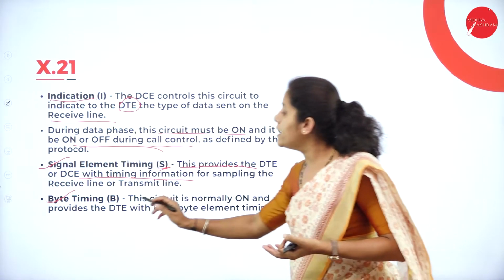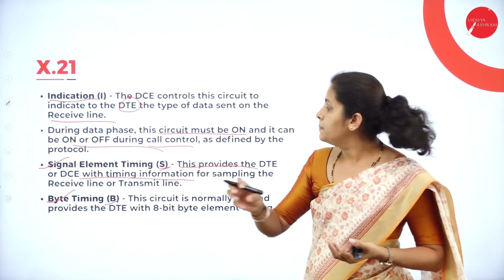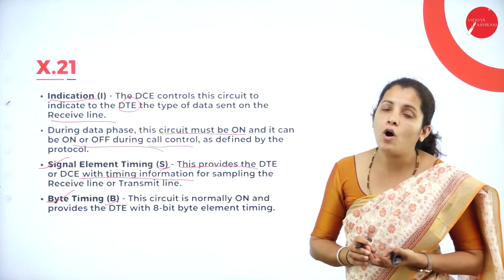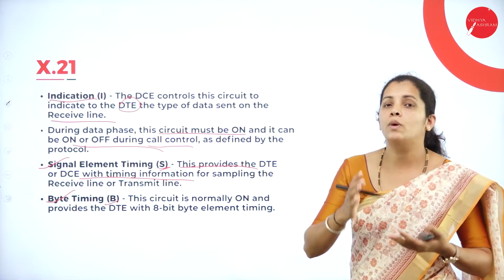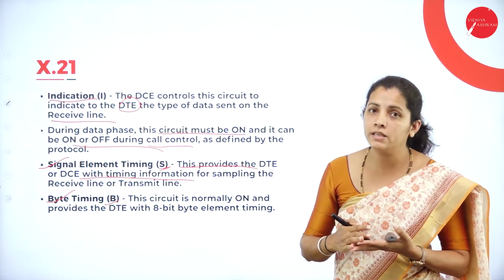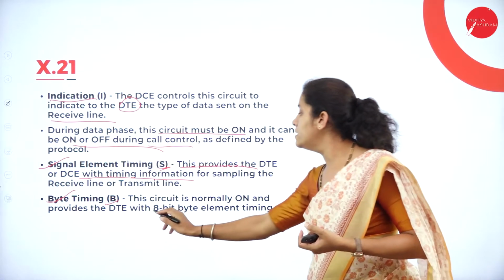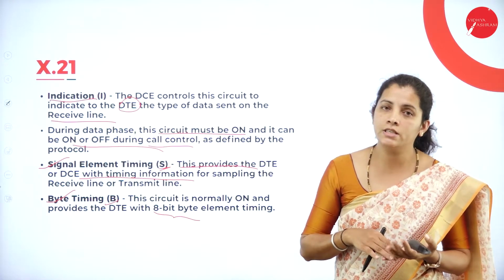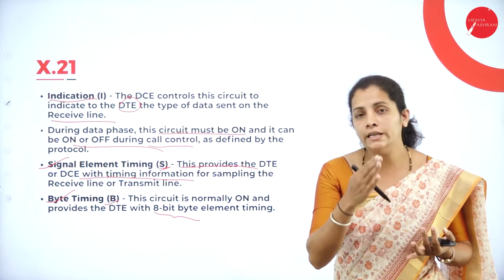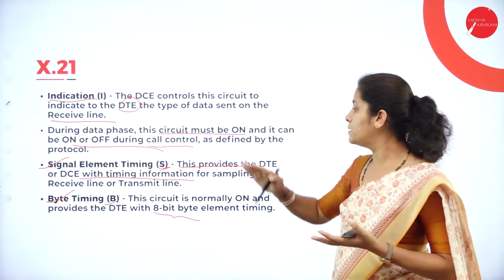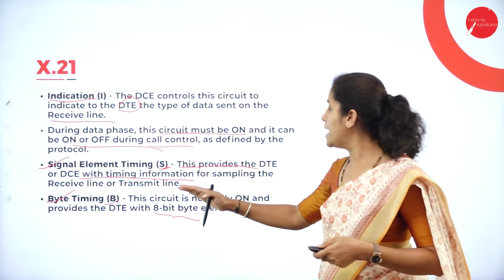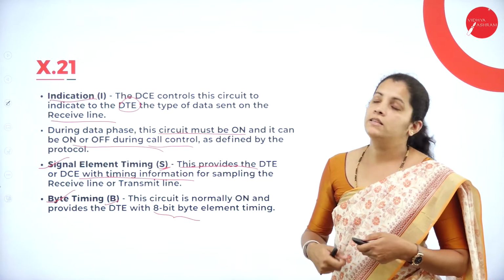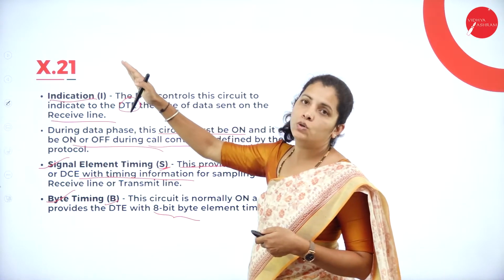That means the byte timing signal must be on in order to indicate that whatever data transmission takes place from DTE to DCE must be in the form of 8-bit bytes. So these are some of the signals used in X.21.